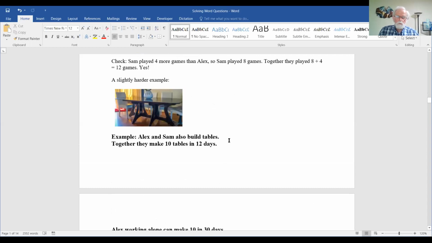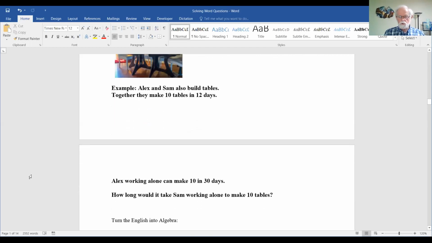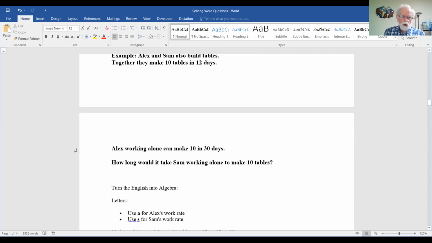So let's make a little more complex issue here. Let's assume that Alex and Sam are carpenters and they make tables for a living. So together, if they work together, they can make 10 tables in 12 days. If Alex is working alone, he can make 10 tables in 30 days. So how long would it take Sam working alone to make 10 tables?